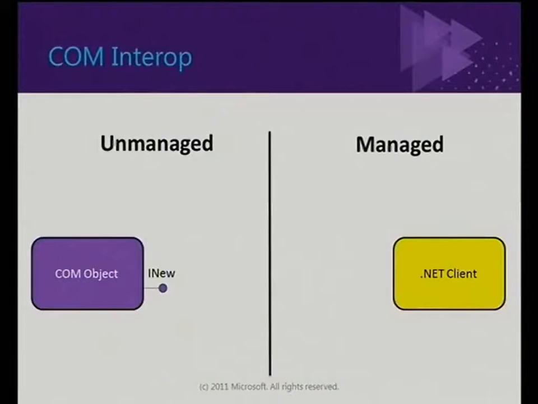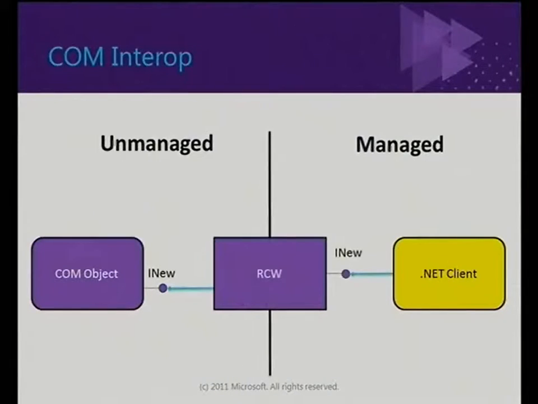That .NET actually does a really great job of bridging, making us not have to think about it. There's actually a huge amount of complexity that goes on in here. What's actually happening is .NET has this thing called a runtime callable wrapper, which also implements the interface that the COM object implements. So we get a nice, strongly typed object model to work against.